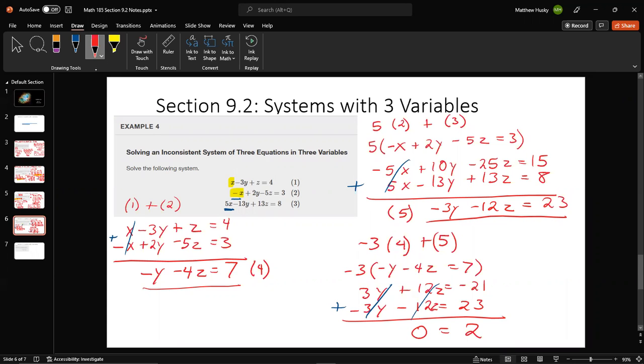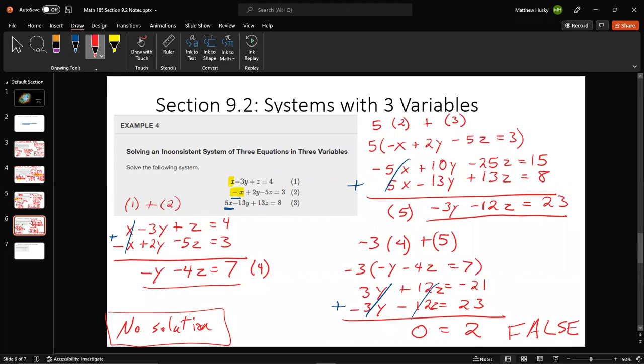Well, guess what, my friends? That is a false statement, meaning there is no solution. Or the other bit of terminology you can throw around, this is inconsistent, which from what they told us, we kind of sort of knew going in, because they did sort of say this is an inconsistent system.